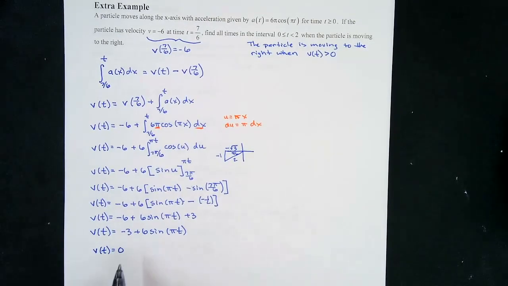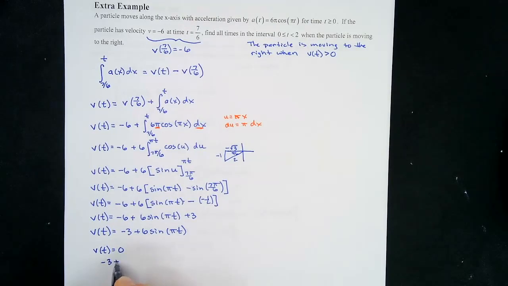All right. So we're going to need to solve -3 plus 6 sine of pi t is equal to 0. So I'm going to add 3. So that gives us 6 sine of pi t equal 3.